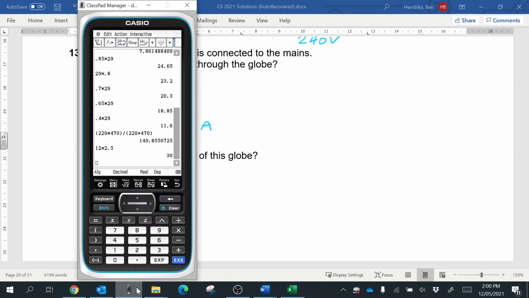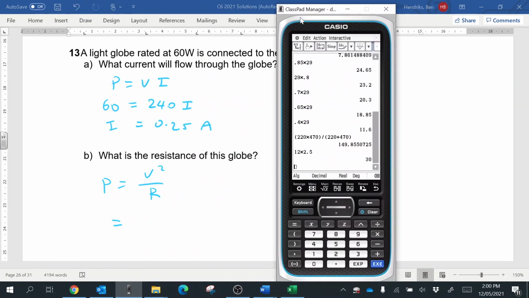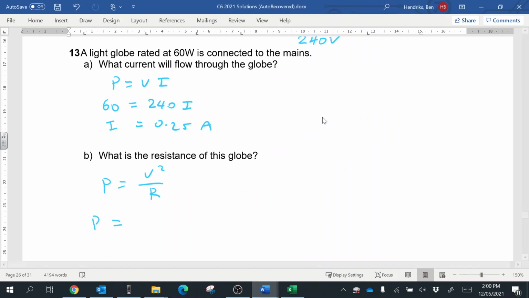So let's go R is equal to V squared over P. Therefore R is equal to 240 squared divided by 60.